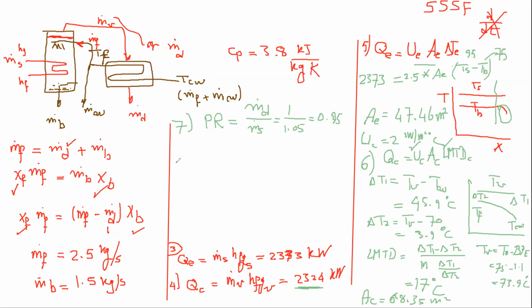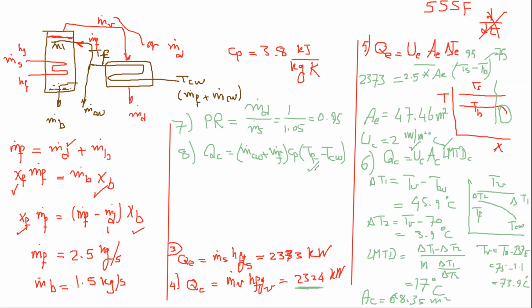Finally, cooling water flow rate in the condenser. I'll have to do it myself because we're running out of time. Q condenser is going to be m dot cooling water plus m dot feed, times Cp, they need to be heated from T cooling water to T feed.